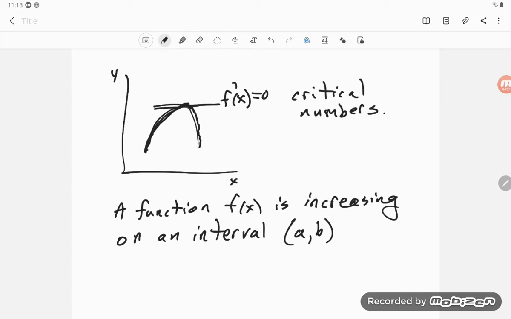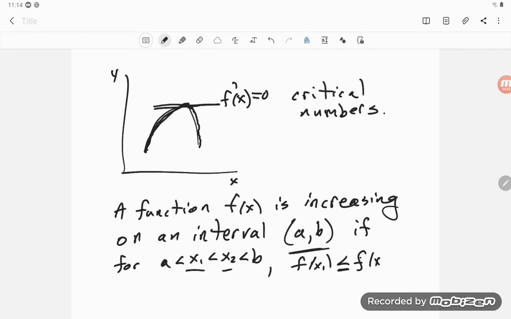So a function f of x is increasing on an open interval (a, b) if for a less than x1 less than x2 less than b, so x1 and x2 are inside here somewhere, if x1 is smaller than x2, then f of x1 is less than or equal to f of x2.